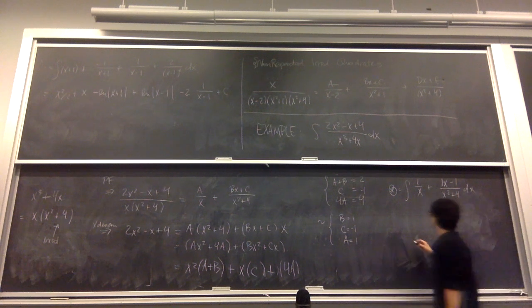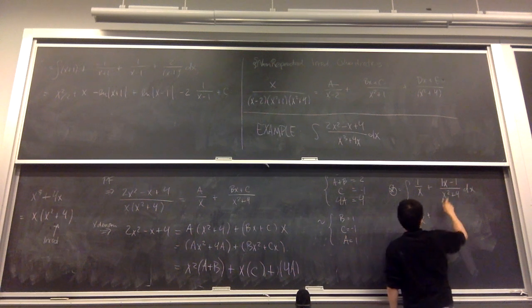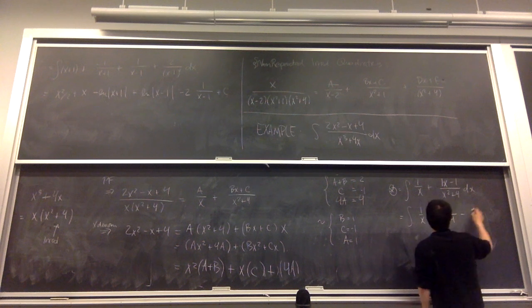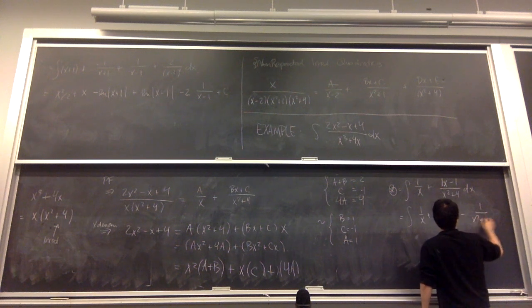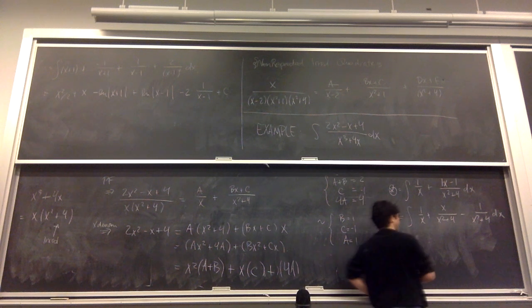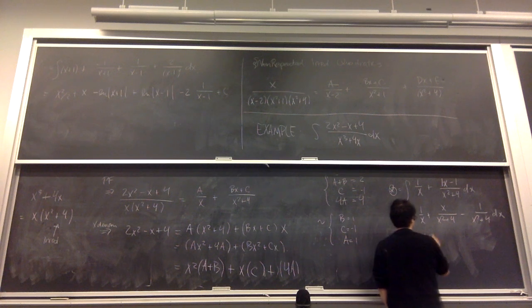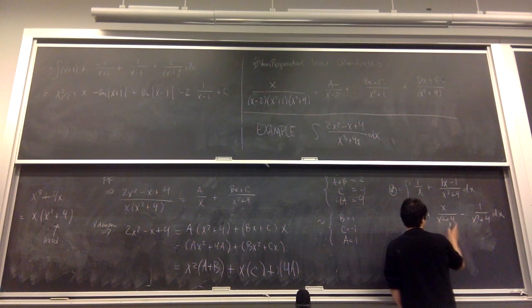How can we integrate this? I'll give you a hint. This needs to be distributed into this. Now what do I do? What's the integral of this? Yes, please, by this point that should be routine. What about that?